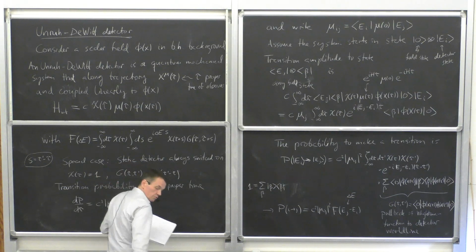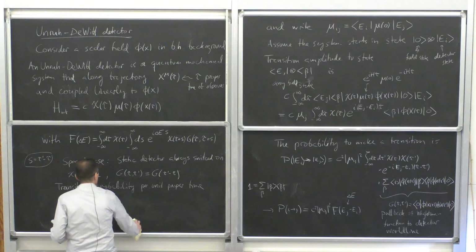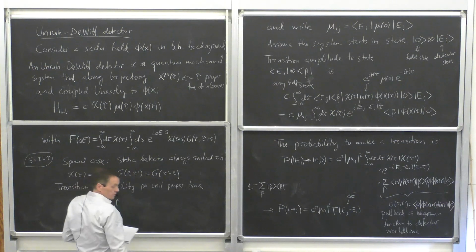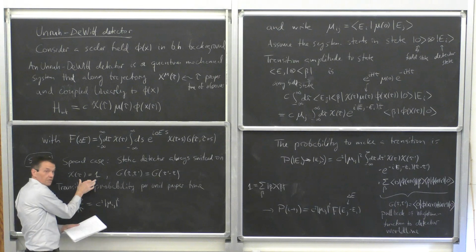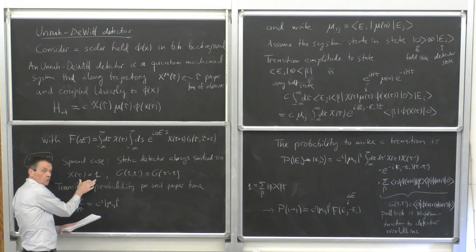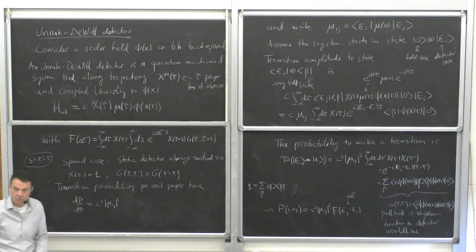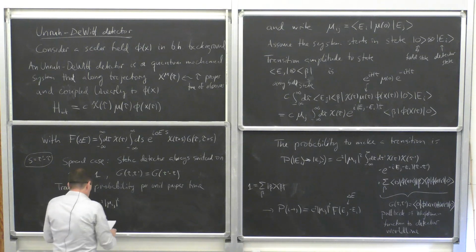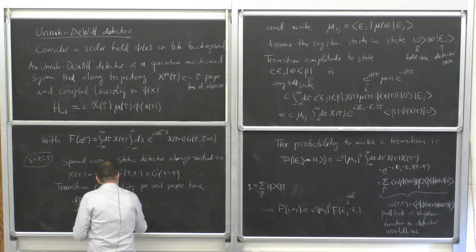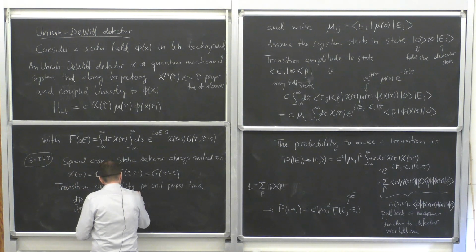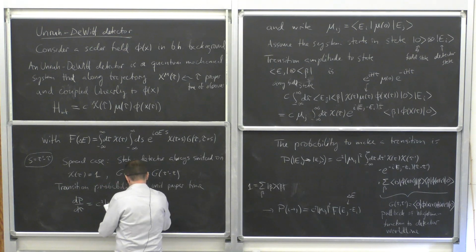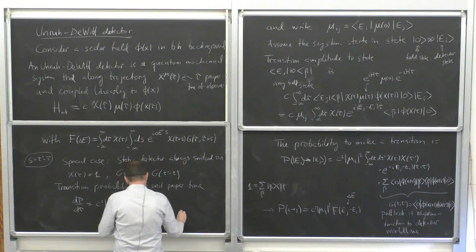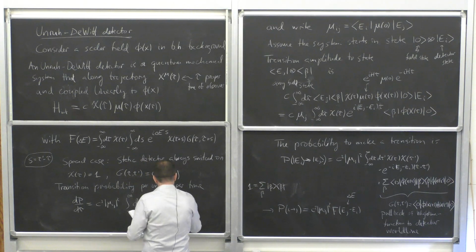So basically what this does is it strips off this first integral here. But for this to work, of course, we have to assume that the detector is always on, and we're simply calculating the transition rate. And so that is going to be given by this expression here, ds.